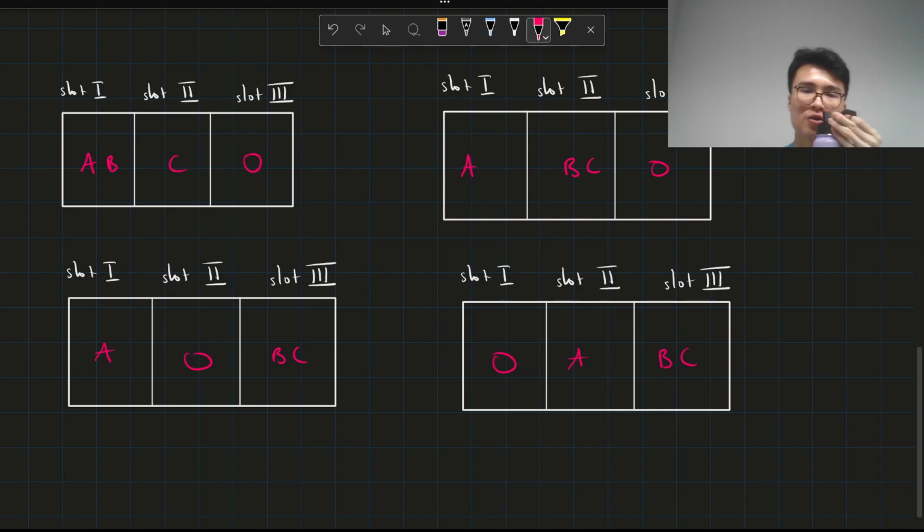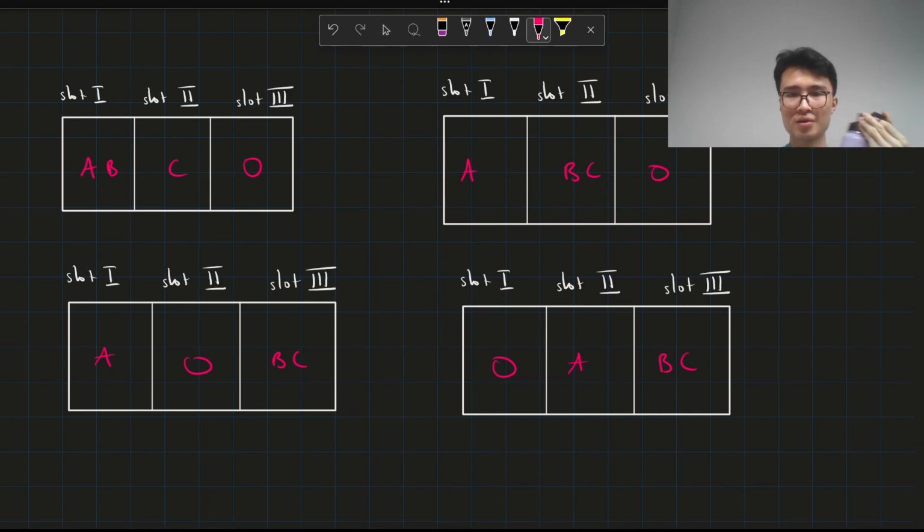Before I show the answer, I want you to look at these four scenarios and tell the differences and the similarities. Here I have four different microstates. In the first microstate, we have AB in slot 1, C in slot 2. In this microstate, A in slot 1, B, C in slot 2.